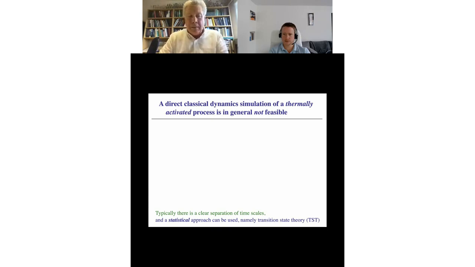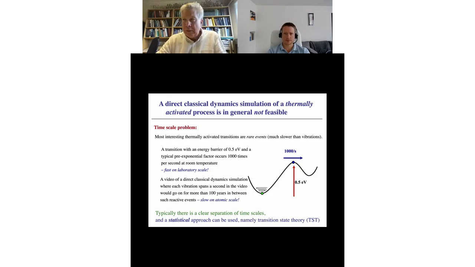The key thing is to realize that typically, a chemical reaction or a diffusion event in condensed matter, in solids, is much, much slower than atomic vibrations. And this timescale difference is not emphasized too much. So let's take an example of an energy landscape where you have an energy barrier of, let's say, half an electron volt going from the initial state to some product state.